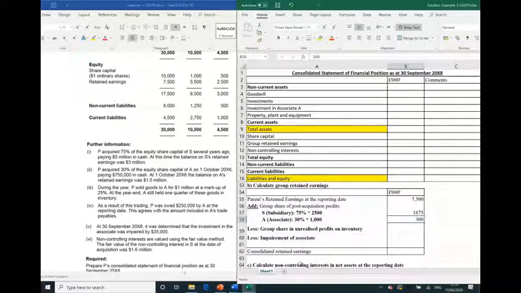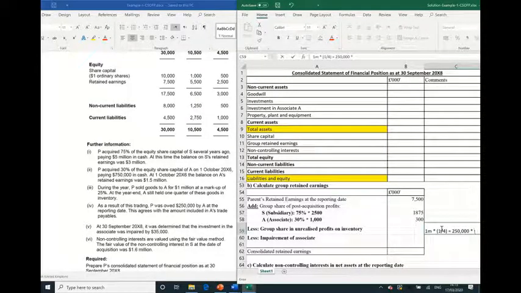So in this case, we need to work out the unrealized profit on inventory. We have sales of 1 million between the associate and the group, and 1/4 of these goods is still in the warehouse. So multiplied by 1/4, that is 250,000 still in the warehouse. This will be multiplied by the markup. The markup here is 25 out of 125.